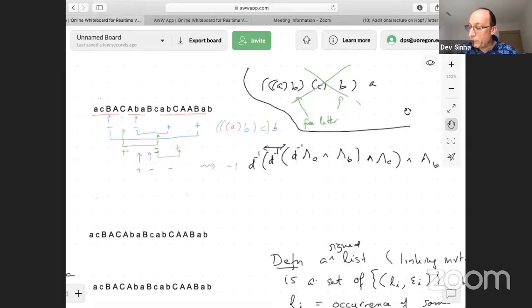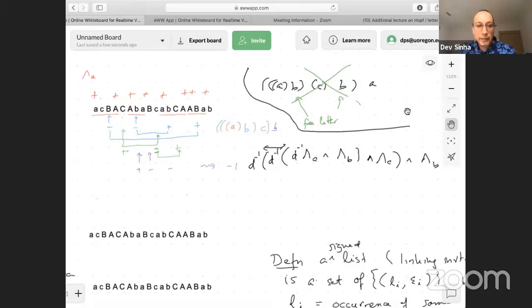I'm going to give them uniformly positive signs for lambda A. So lambda A is this set of pluses. Every A occurs once with a plus, but the total signs alternate in this case from plus to minus, minus to plus, plus to minus, and minus to plus.